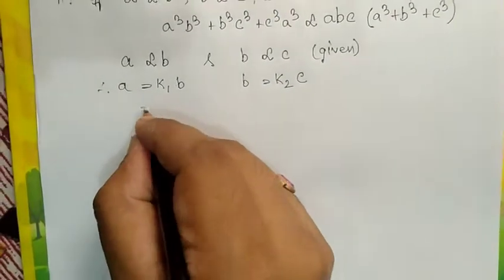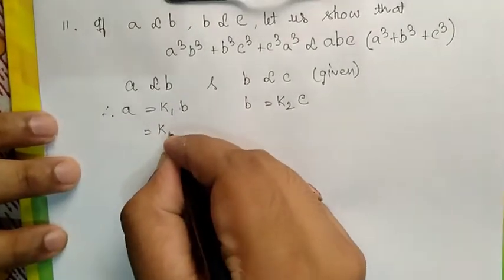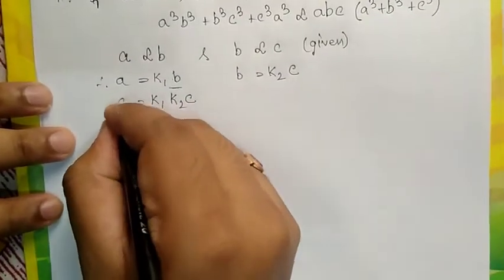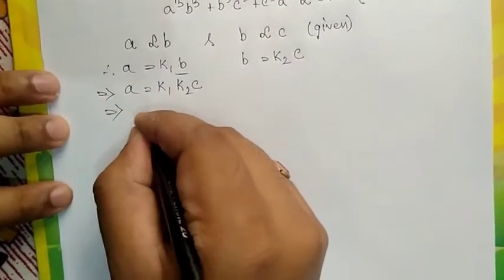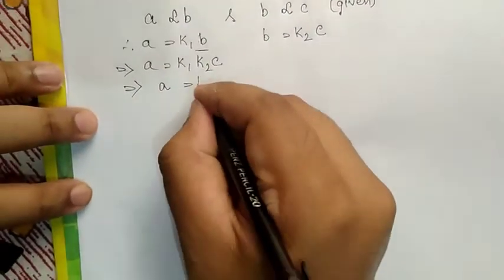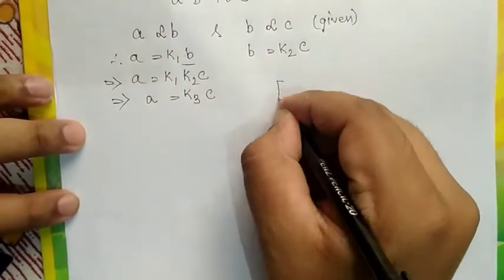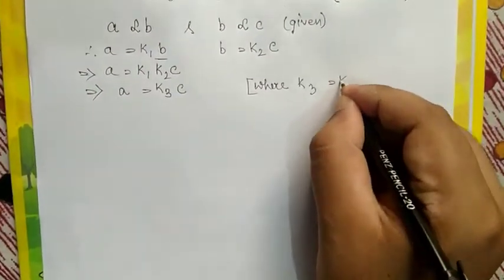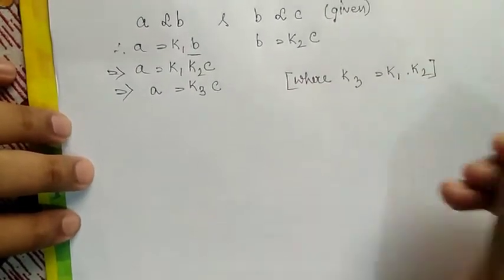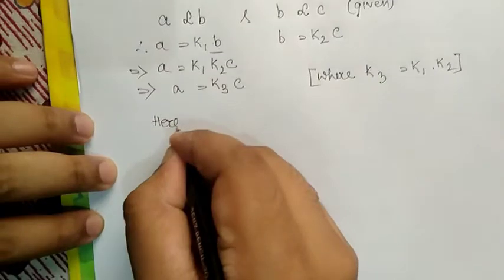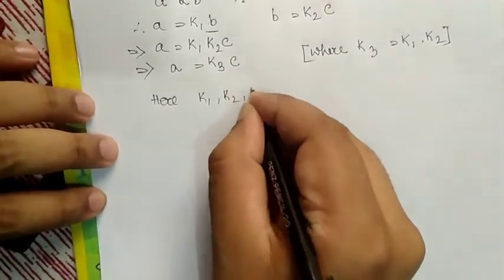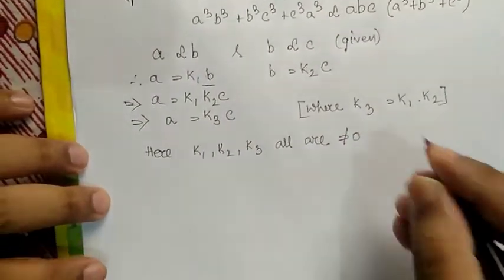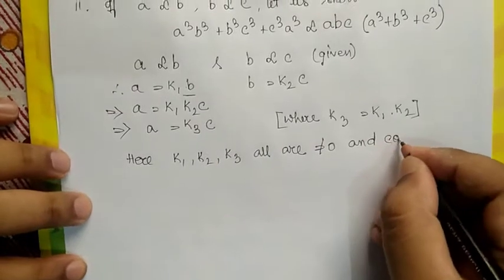Now we write the value of B, which is K2 C. So therefore we can write A equals K3 C, where K3 equals K1 into K2, and K1, K2, K3 are all not equal to 0 and are constants of variation.